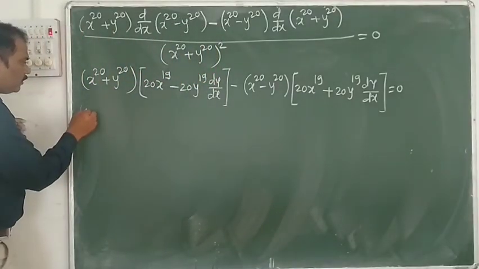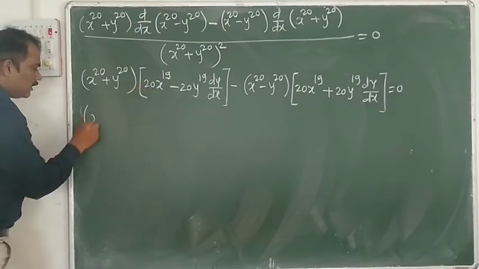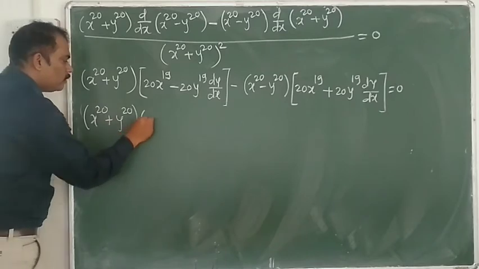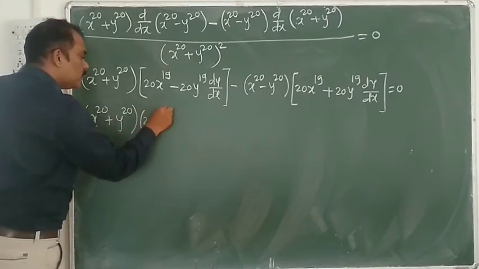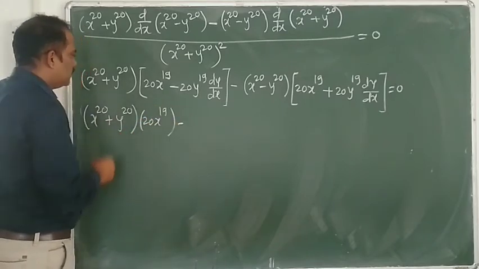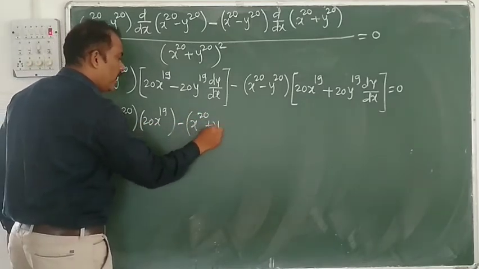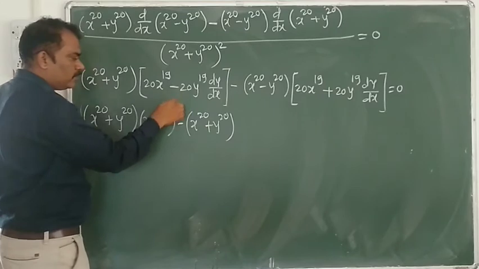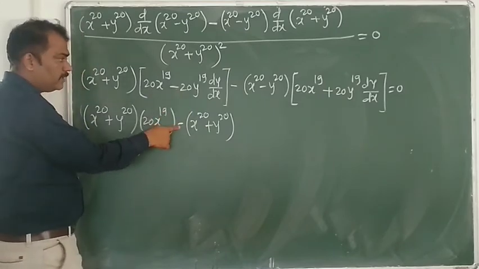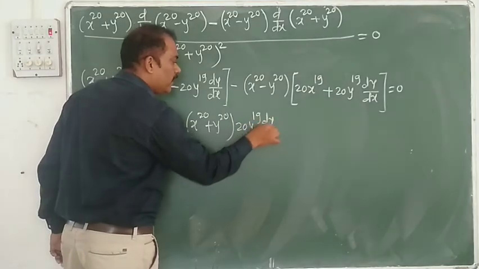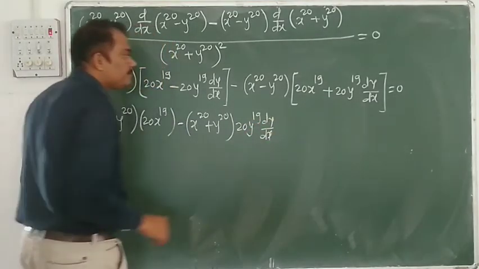So then what do we get? (x raised to 20 plus y raised to 20) into 20 into x raised to 19, minus, for this one, (x raised to 20 plus y raised to 20) into, due to the minus sign here, minus 20 into y raised to 19 dy by dx.